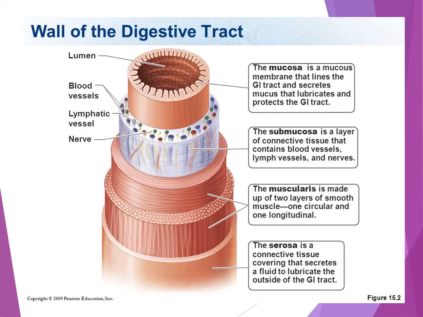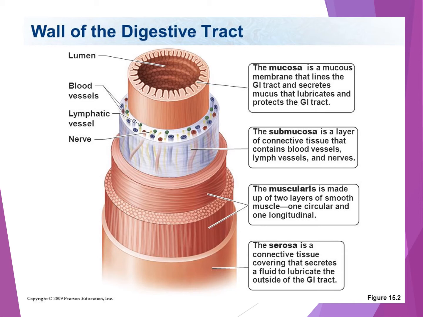And then the other type is called segmental, and that helps to mix and churn the contents as it moves along, to help with mechanical digestion. So there's the muscular layer. And then the most outer layer is called the serosa.